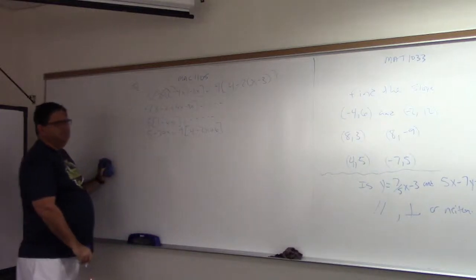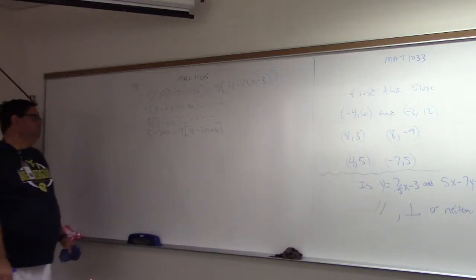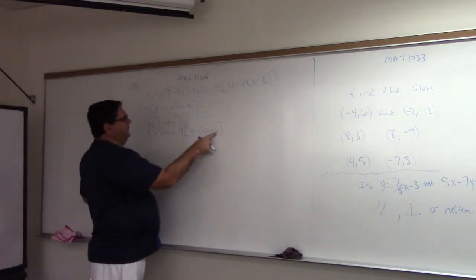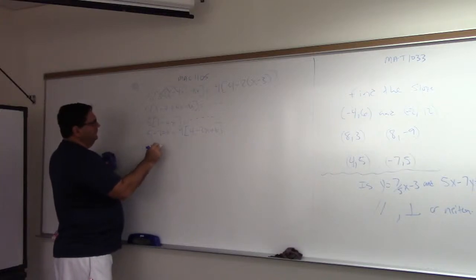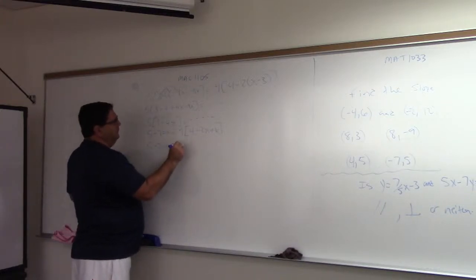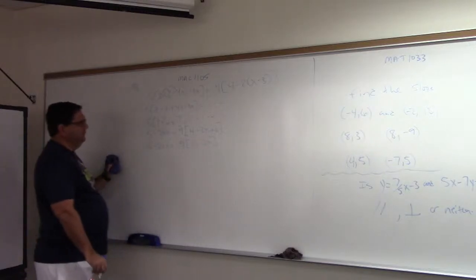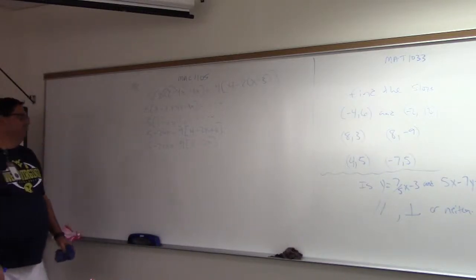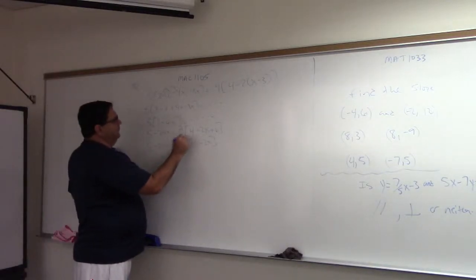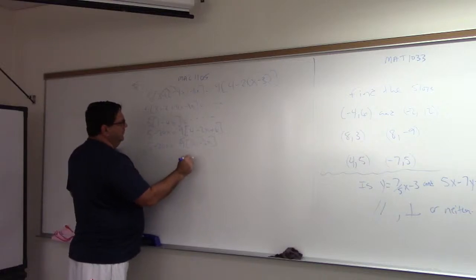Do we agree? 4 plus 6 is 10. Minus 2x. We're going to distribute. 90 minus 18x.